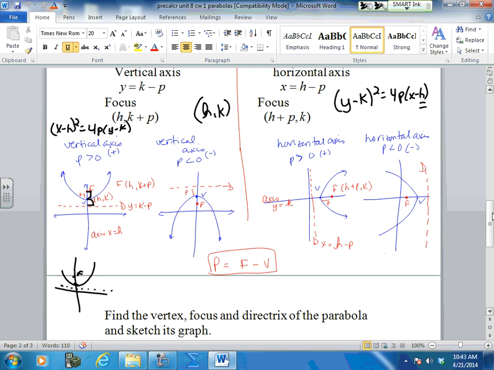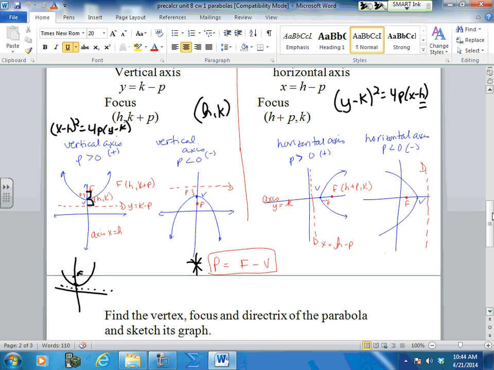It has the same distance, but I'm not really concerned about that part. What I want you to realize is that these are equal distance apart. Your vertex is smack in the middle, in other words, between your focus point and your directrix line. It is a little bit different than looking at this. Put an asterisk by here.